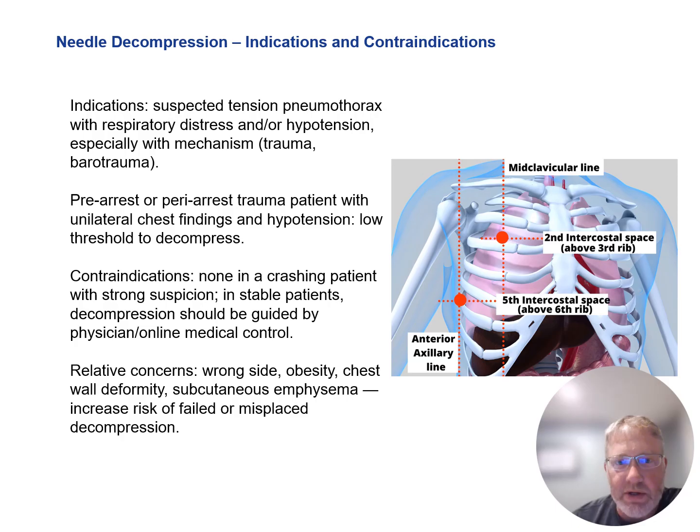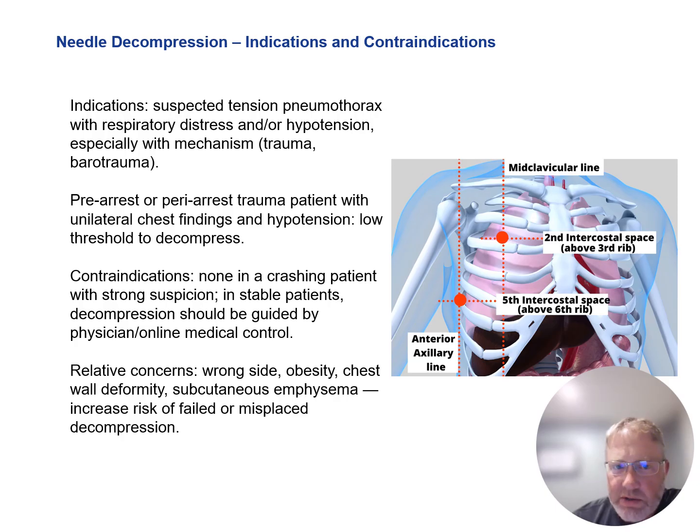The primary indication is suspected tension pneumothorax in a patient with respiratory distress and hypotension, particularly when the mechanism supports it. So chest trauma, barotrauma on a ventilator, or a known pneumothorax that's deteriorating, getting worse, or getting bigger.